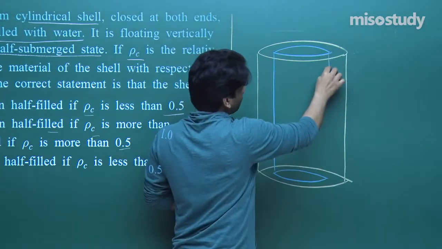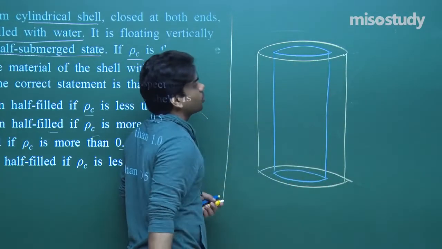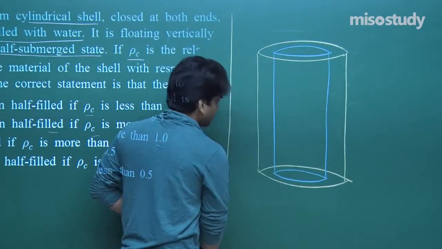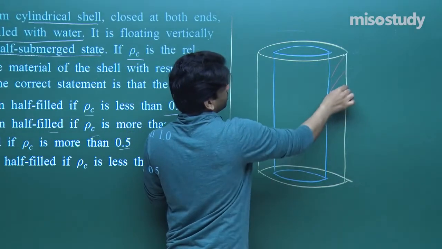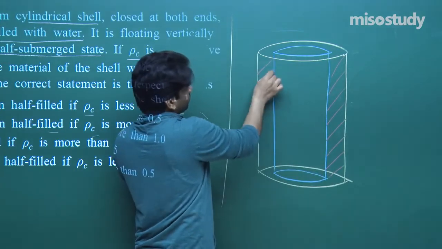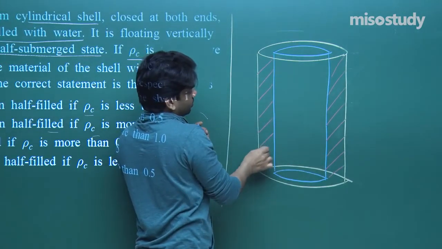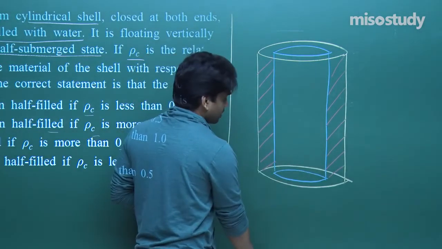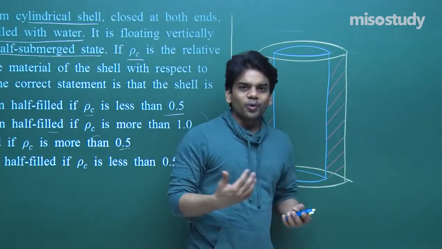Inner part and outer part. Now this part is solid. Try to understand, this part is solid.